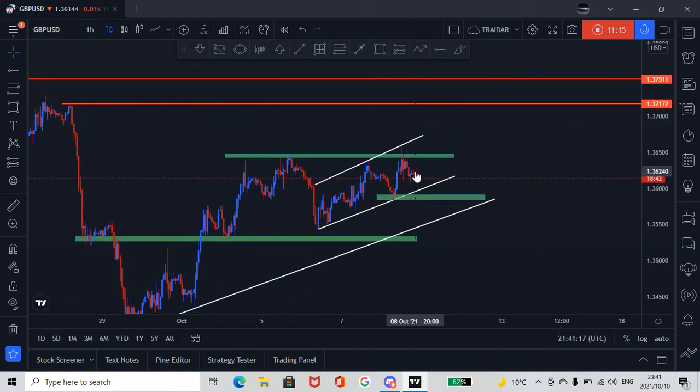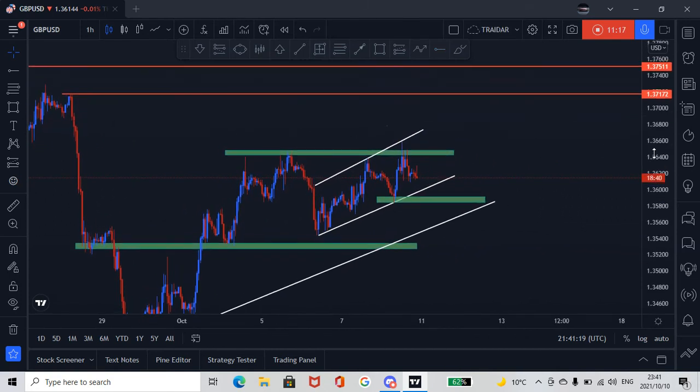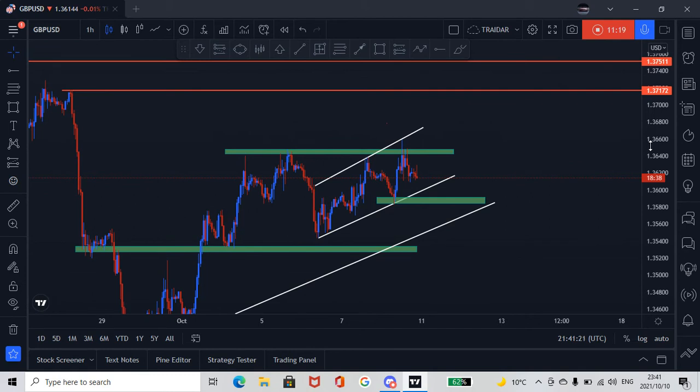Now the market is moving correctly to the upside, creating higher highs, higher lows, higher highs. It's coming for the higher low and then continues all the way to the upside.